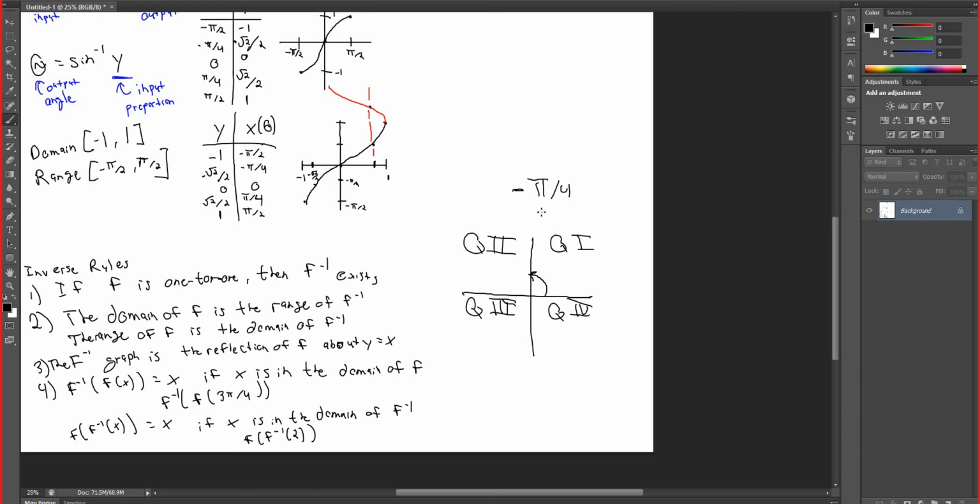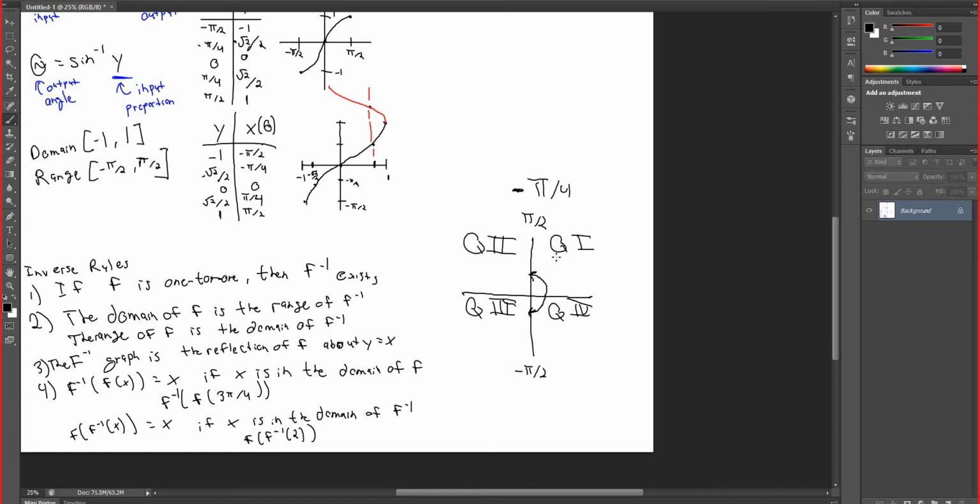If I had negative pi over 4, where would that fall? Quadrant 4. Because instead of going counterclockwise, I would now be going clockwise. So this would be pi over 2, and this would be negative pi over 2.